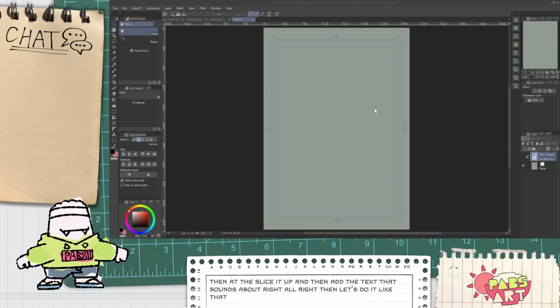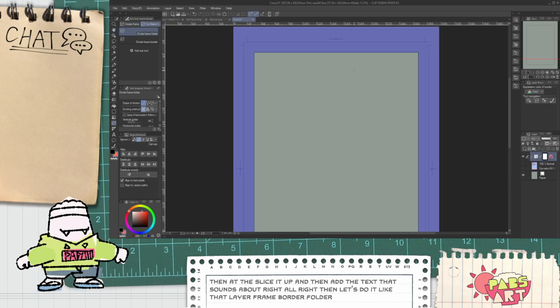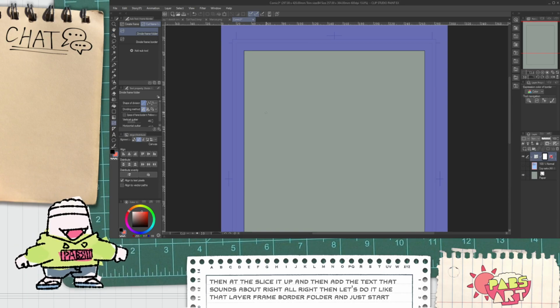Layer frame border folder, and just start cutting it up.